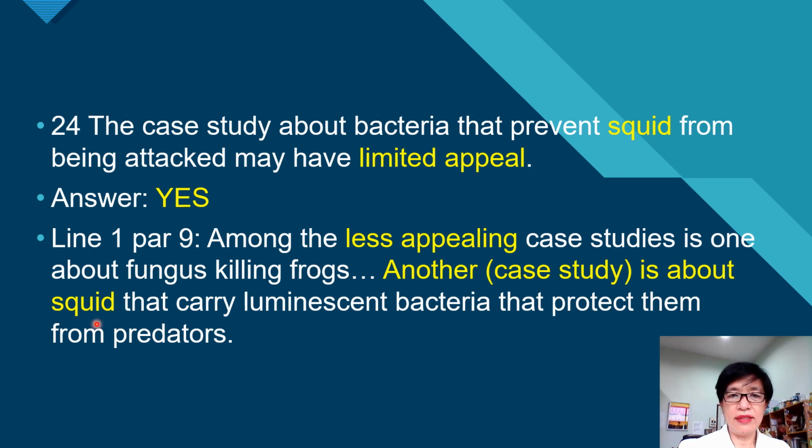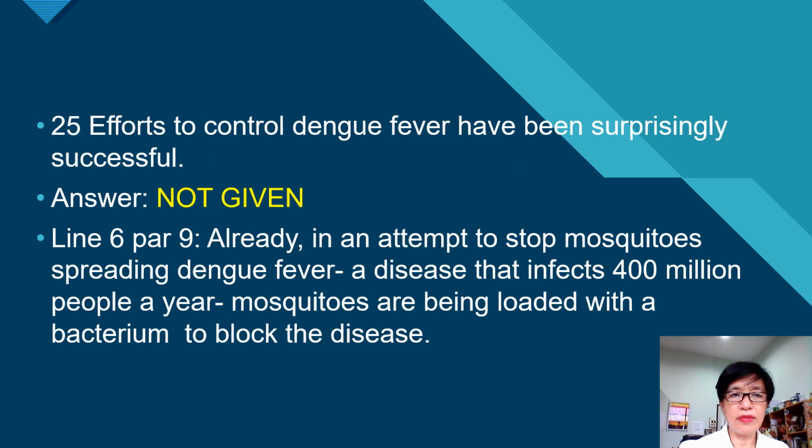25. Efforts to control dengue fever have been surprisingly successful. The answer is not given. Where do you find dengue fever? Line 6, paragraph 9 says here, already in an attempt to stop mosquitoes spreading dengue fever, a disease that infects 400 million people a year, mosquitoes are being loaded with a bacterium to block the disease.